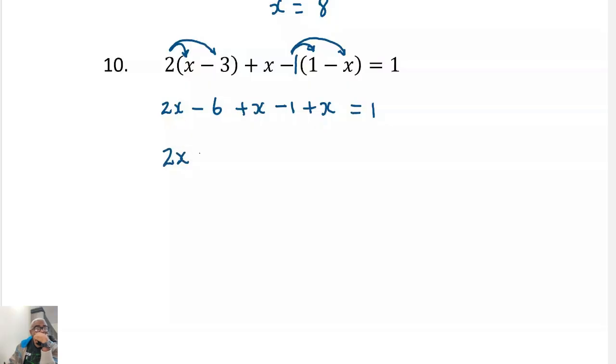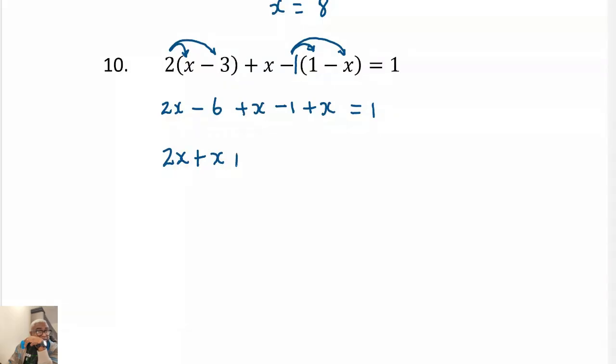2x. What are you doing here, Bob? We're putting together. No, you're not going over the equal sign. Now I'm trying to tell you. This is plus x. You see the sign in front of there? If this x goes to this side, then it will become minus. So this will be plus x.